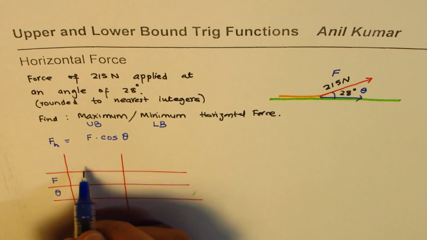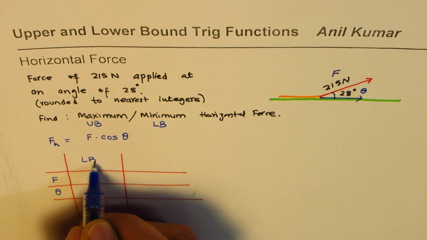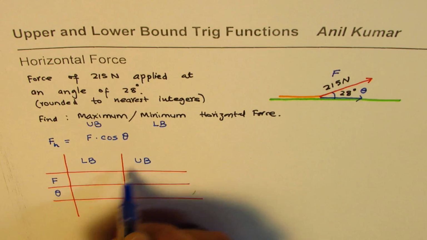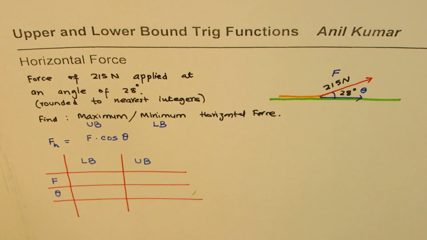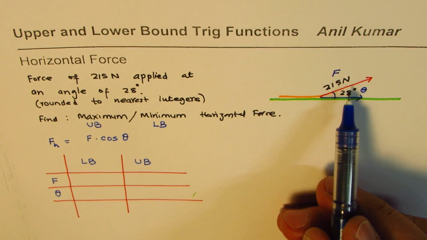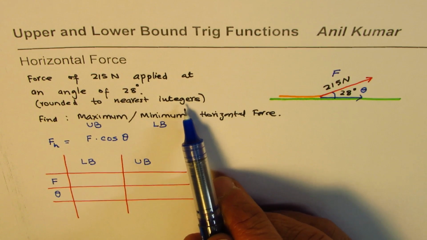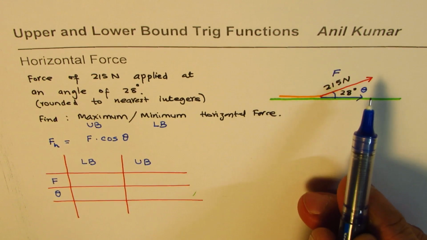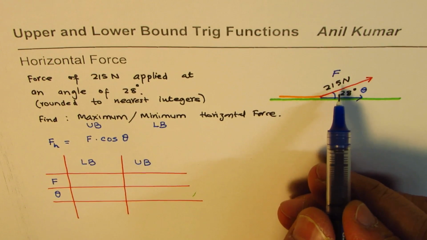What do we need to find? We need to find the lower bound and the upper bound for each one of them separately. As far as force is concerned, we are rounding it to the nearest integer, that means whole number, 1. So what do we need to add here?